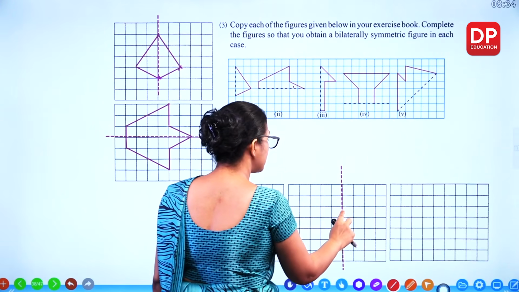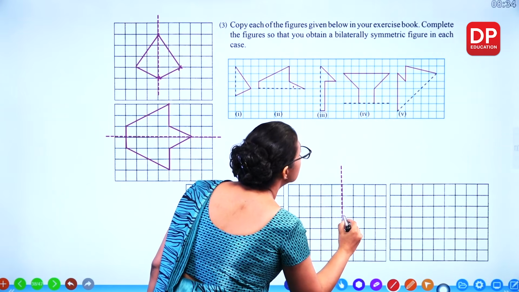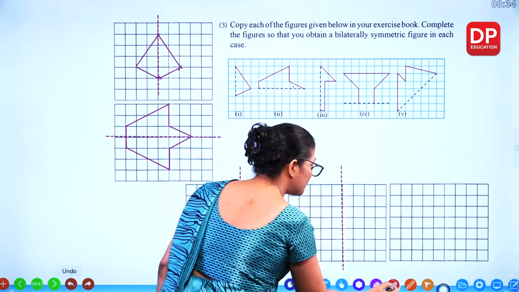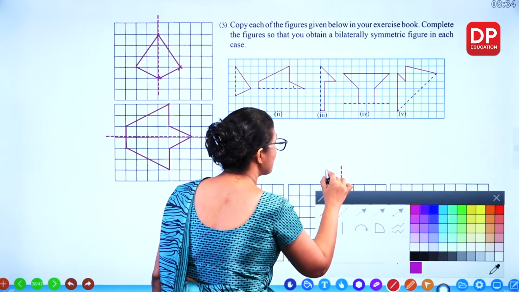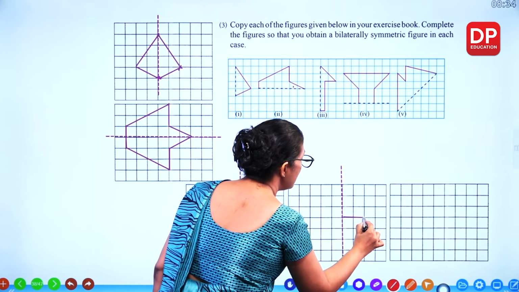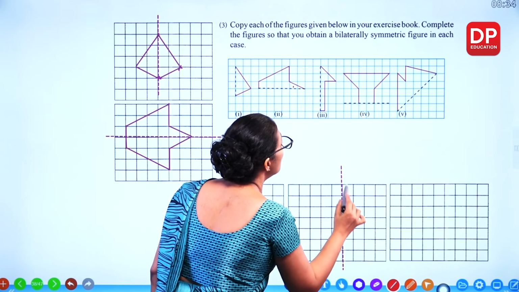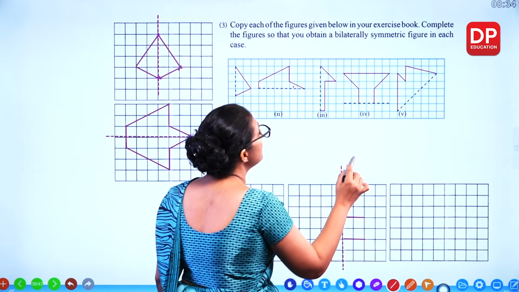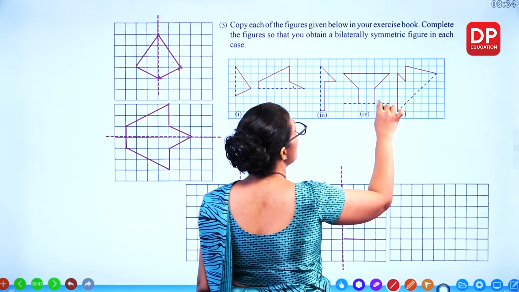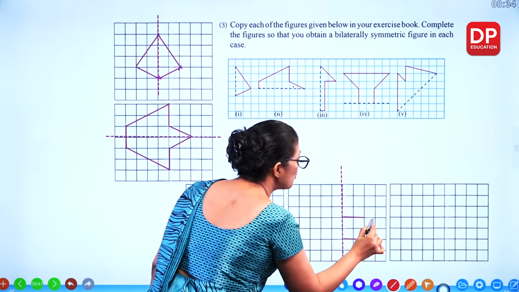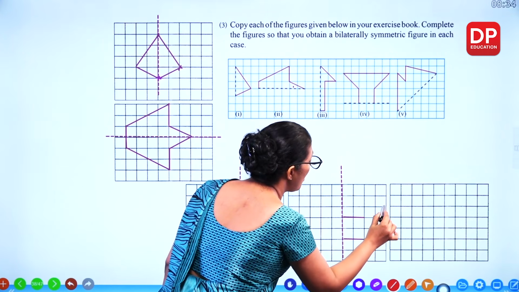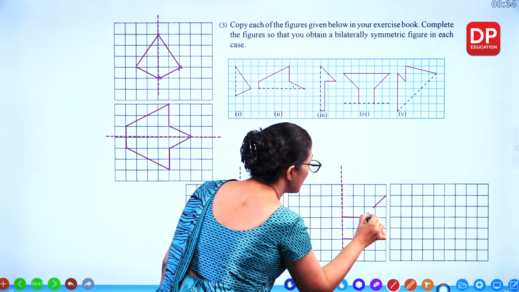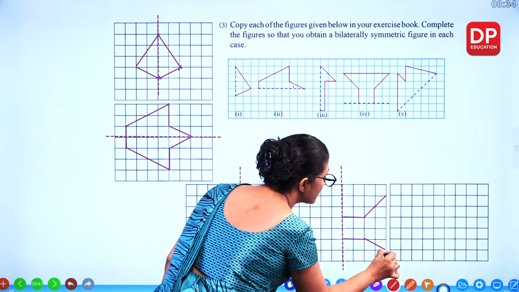So 2 squares to this side and here 1, 2. So 2 squares here. And then how many squares here? 1, 2, 3, 4. So 2 up. From here 2 up again. So you get here and here. That's the figure given.